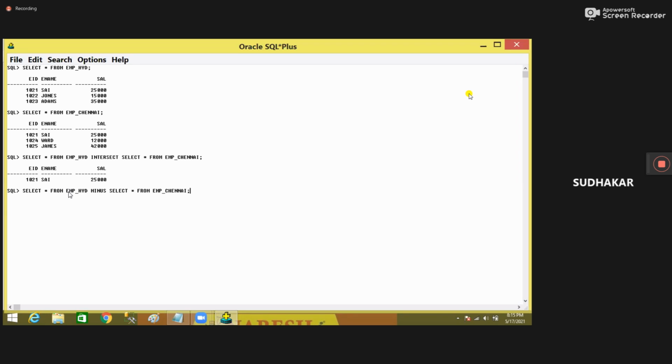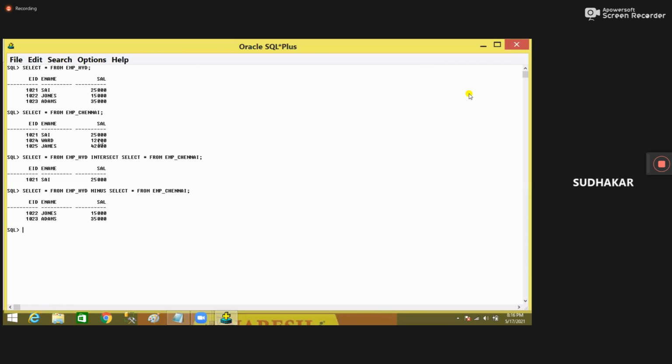I kept my Hyderabad table on the left side of the minus, and all of you know minus always returns the left side set values only, not the right side set. That's why I keep Hyderabad on the left side.